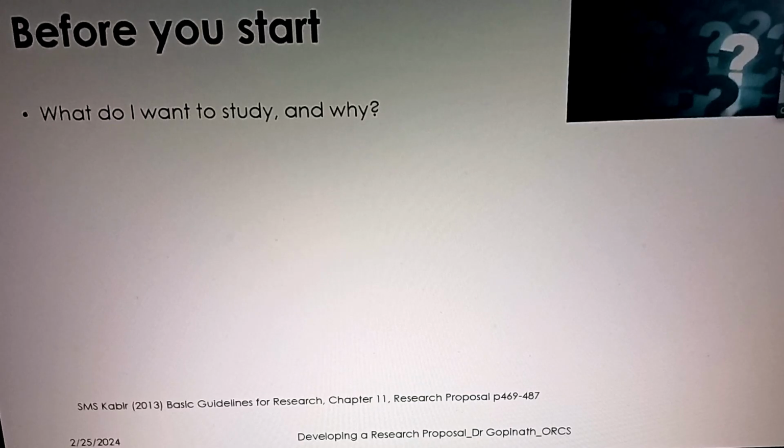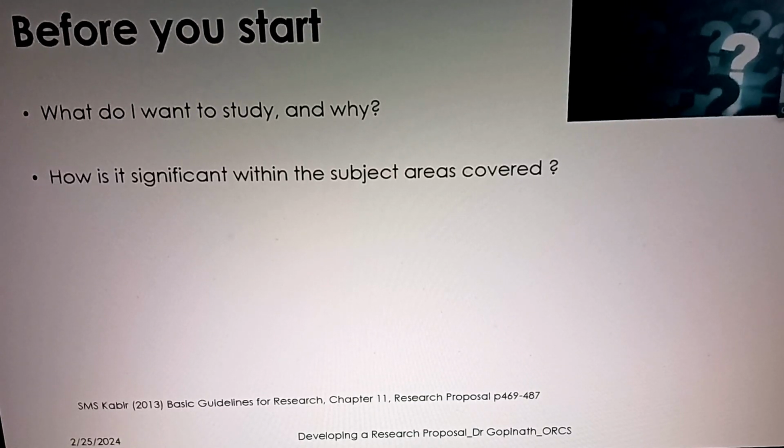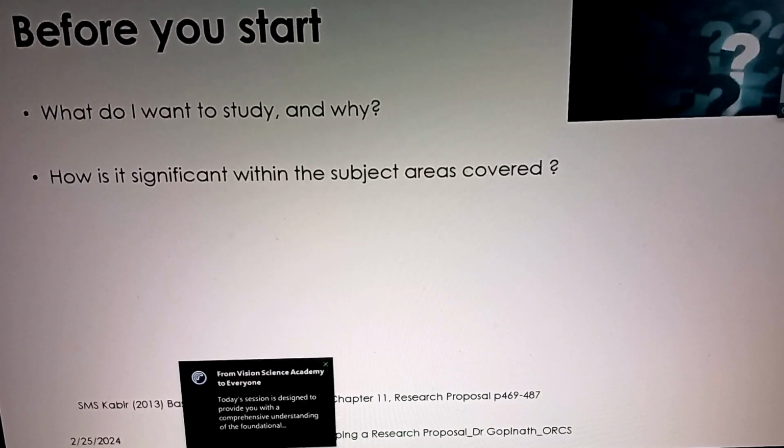And before you start, there should be clarification on what you want to study and why. How is it significant in the subject you are covering? So you can work in macular degeneration, you can work in corneal diseases, or be it in a dispensing related aspect, or it can be in academia, education related.